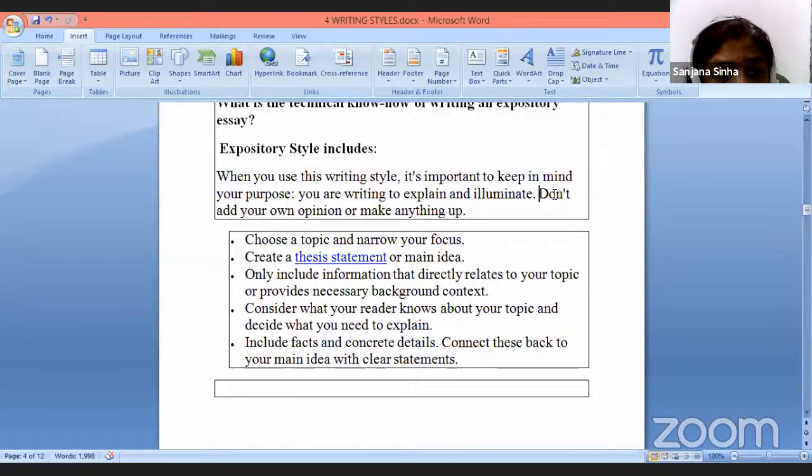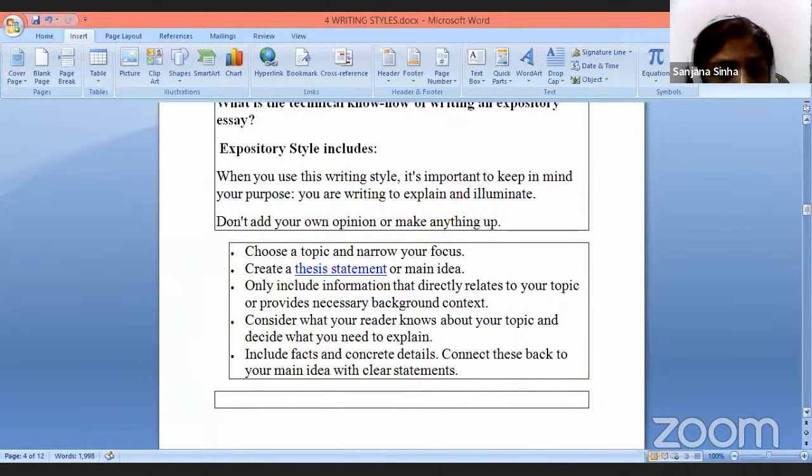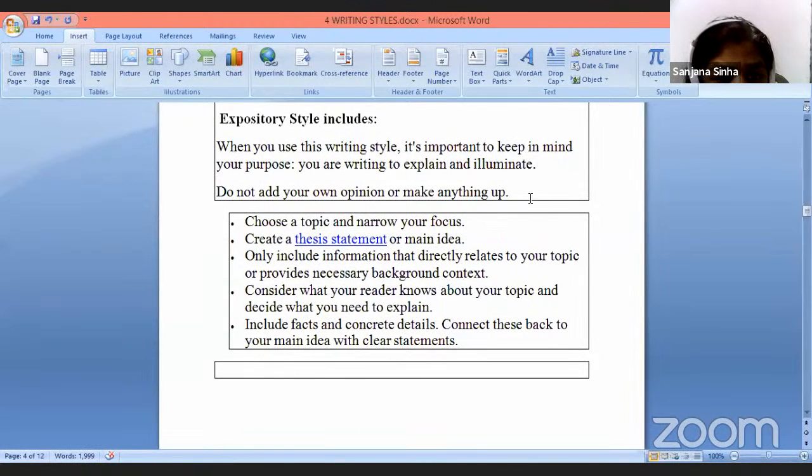Do not add your own opinion or make anything up. When you are writing, do not use contractions, unless it is an imaginary essay that you are writing.